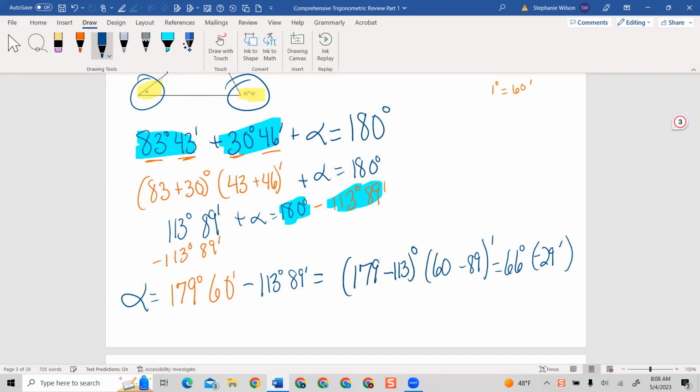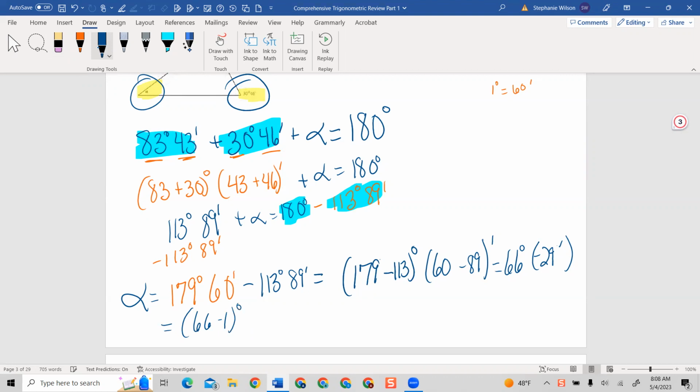And you would not say it in this format. You wouldn't want to say negative 29. The notation is not clean. So let's clean it up. I know I can take 1 degree from the 66, right? And here, I'm not going to skip that step. Let's show that step. I can say 66 minus 1 degrees.